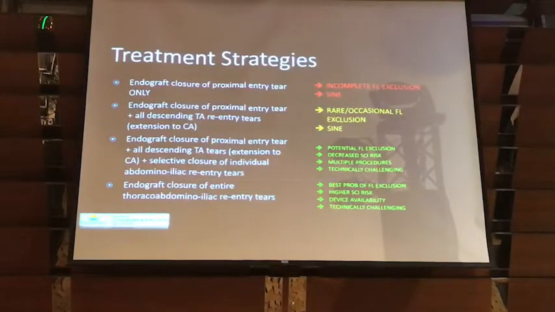Several treatment strategies have come about in the last 5 to 10 years in terms of how to deal, from an endovascular standpoint, with chronic aortic dissections. I've condensed these treatment strategies into 4 different buckets. The simplest is endograft closure of the proximal entry tear.